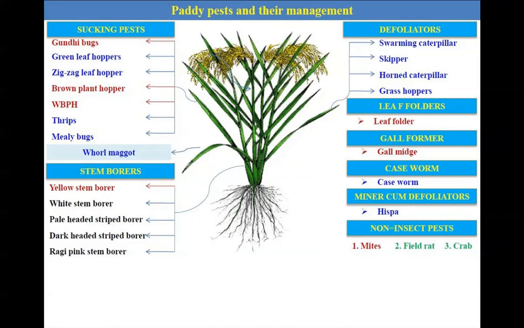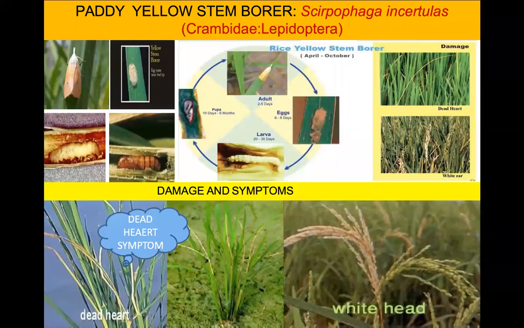Then sucking insects. By looking at the name only, you can identify which part can be damaged. Like defoliators, here swarming caterpillar, skipper, horned caterpillar, then leaf folder and gall midge. Those marked in red are the major pests and cause most damage to rice. We will look into them separately.